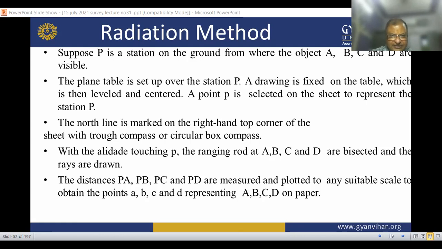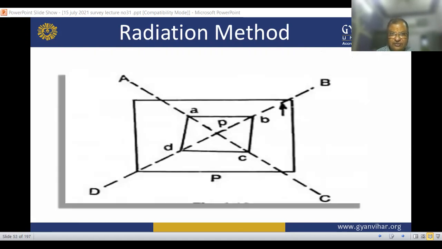With the alidade touching point p, the ranging rods at A, B, C and D are sighted. Now the distances PA, PB, PC and PD are measured and plotted to any suitable scale, and the points a, b, c, d are represented on paper. Now this is the radiation method.